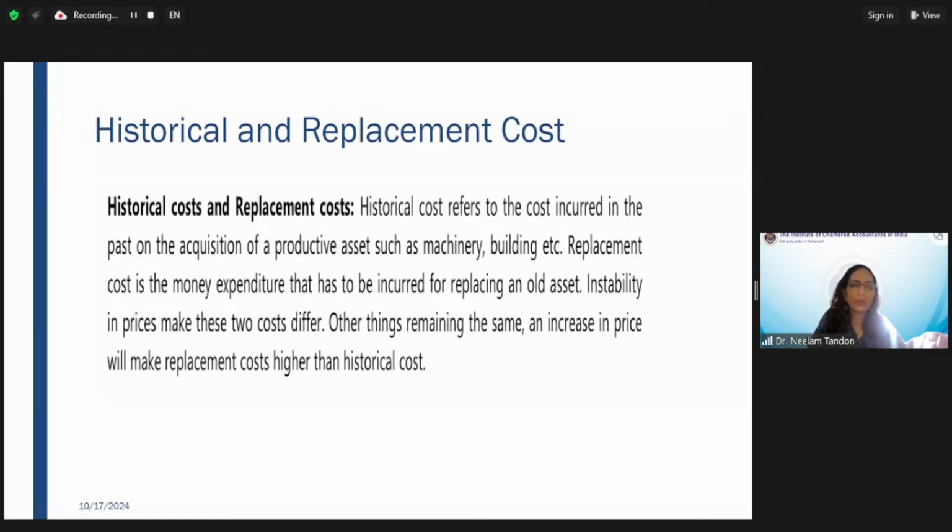Historical cost is when you see the product was purchased for that price during that period of year. Replacement cost is the cost of replacing it with the current one, or improving the current one, an extension of the current one.